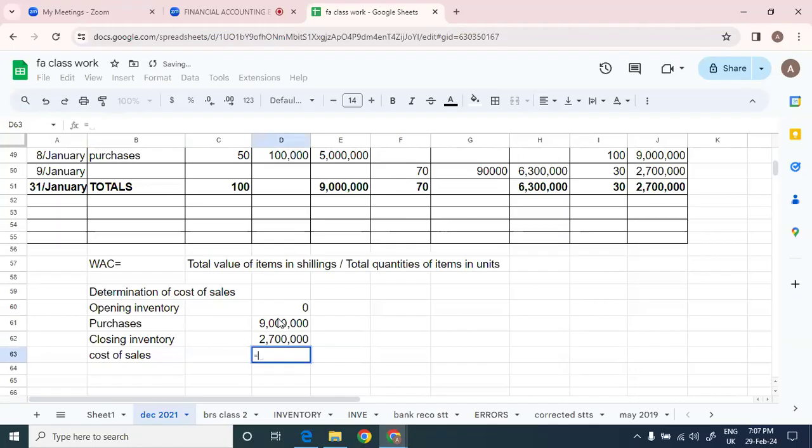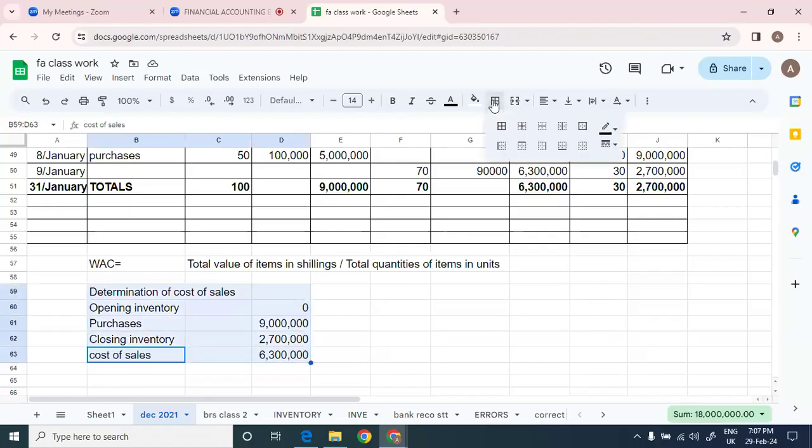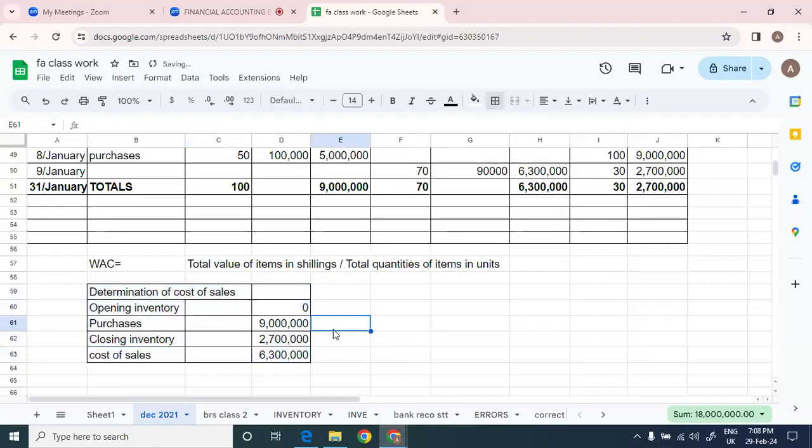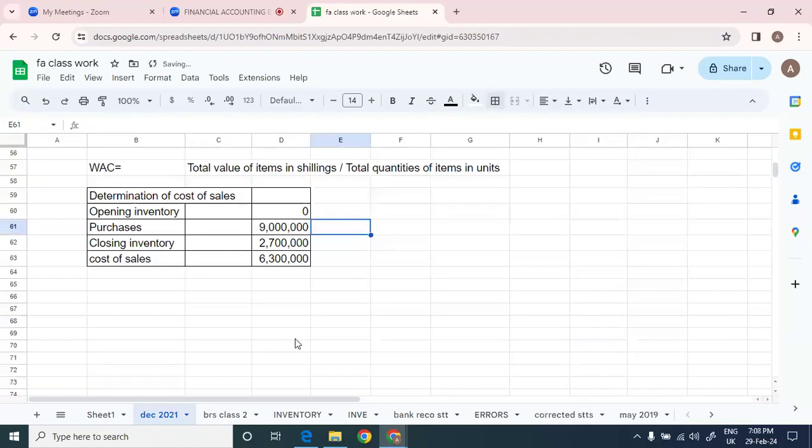This minus this. We get 6.3. Okay, thank you. From here, we go on to determination of gross profit.